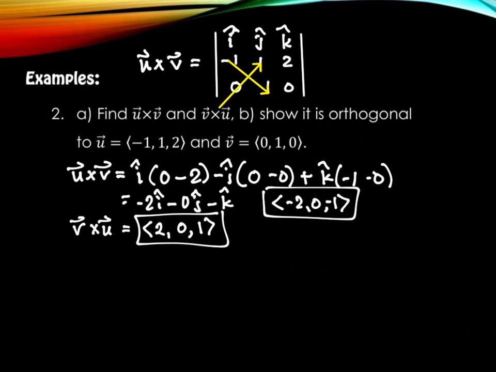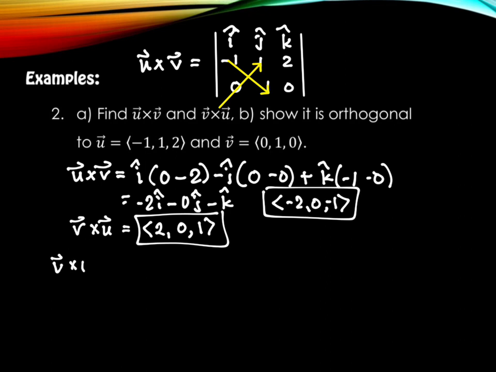Okay? So we have u cross v, and we want to show that it is orthogonal to u, and that it's orthogonal to v. So we're going to find the dot product of this vector we just found, and you can do u cross v or v cross u, doesn't matter which one, okay? You're going to find the dot product of this vector we just found with u, and then you're going to find the dot product of the vector we just found with v.